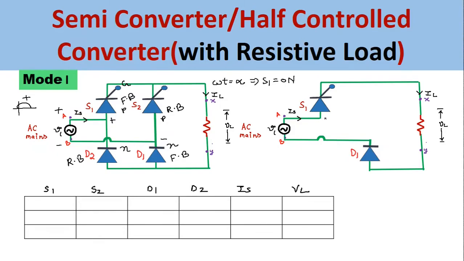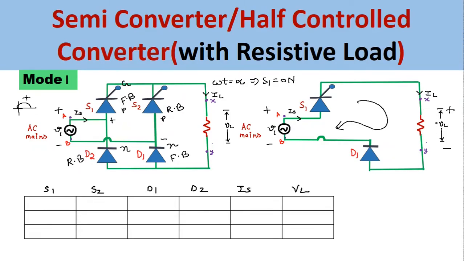Here we can see that the load current is flowing in the clockwise direction in this circuit from positive to negative. So the polarity of the load voltage will be positive on the X point and negative on the Y point. In this condition, because we are using the resistive load, the load voltage VL and load current IL will be in phase with each other.